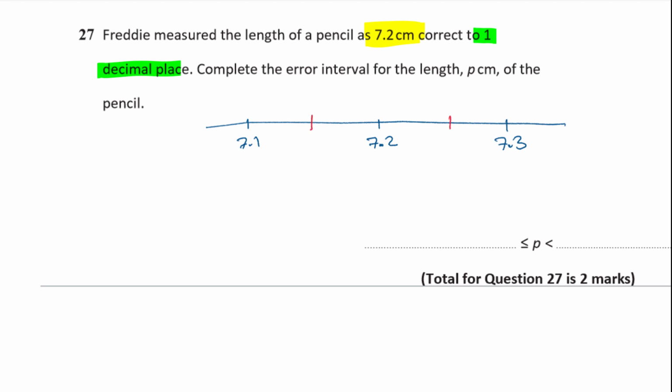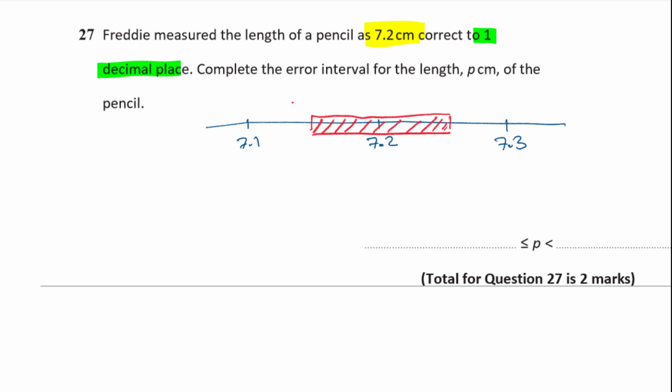If I put a line halfway between those, then all the points that are halfway between those numbers or nearer are the ones that round off to 7.2, if you're going to round it to 1 decimal place. But what is that number there, which is halfway between 7.1 and 7.2?